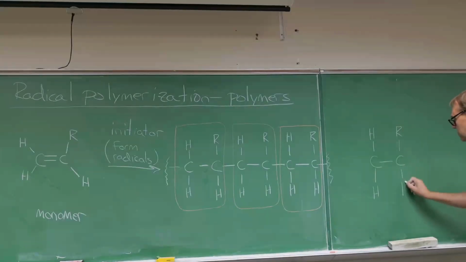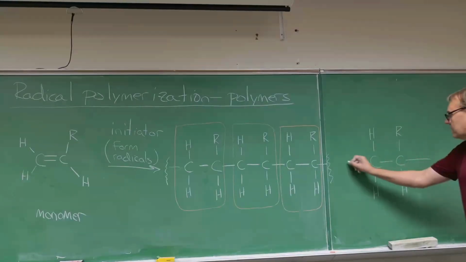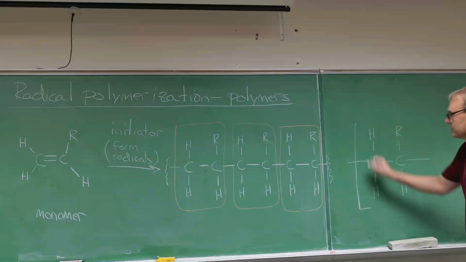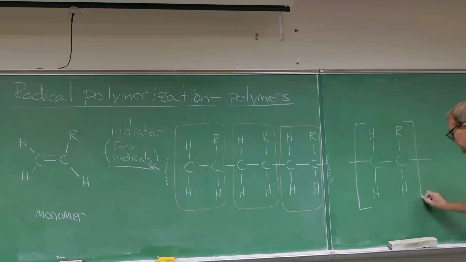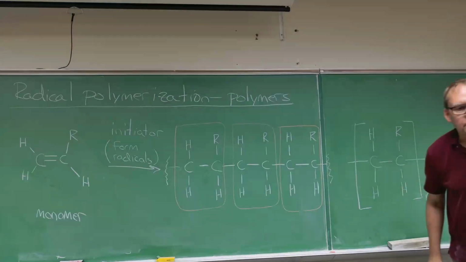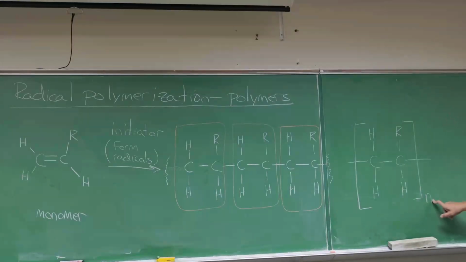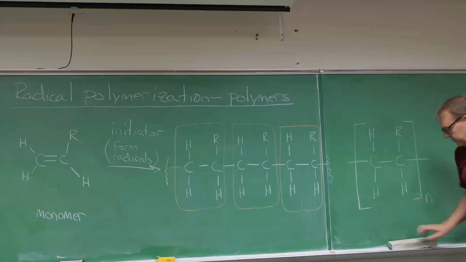This is the smallest repeating unit. And then there's a set of brackets that are bisecting these bonds, and then there'll be a letter N down here. So N represents how many times this repeats. And N can be hundreds or even thousands. So these can just get to be really enormous molecules.